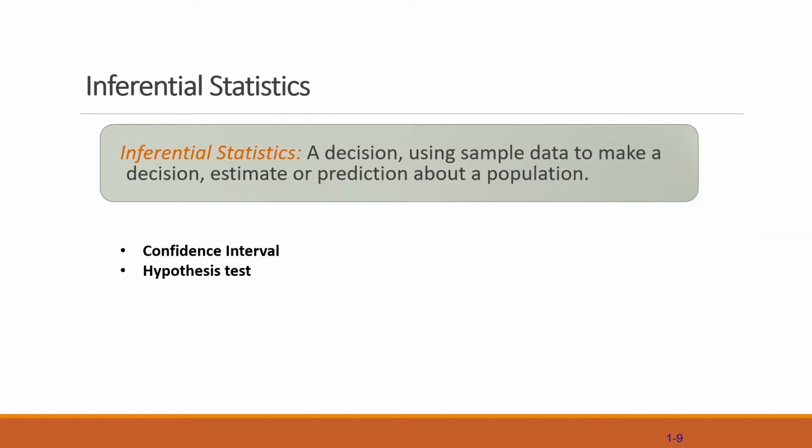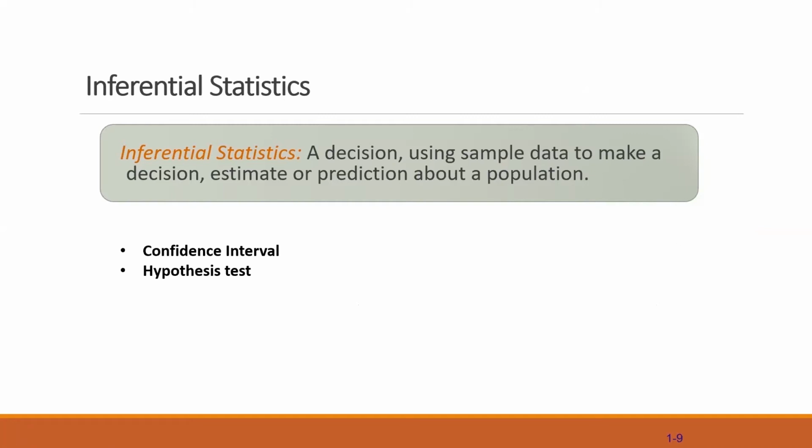It's kind of jumping, but the next topic we want to talk about is called inferential statistics. What is inferential statistics? Well, this is more advanced statistics than just getting the mean, the variance, or the standard deviation of a sample. Inferential statistics is a decision-making process.